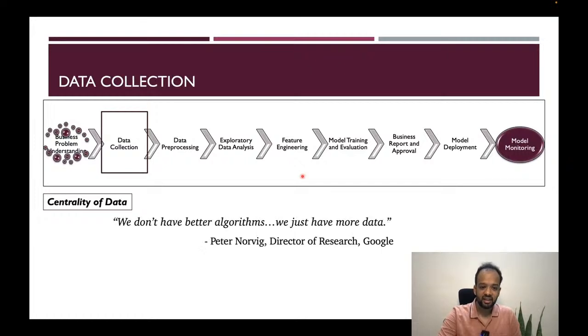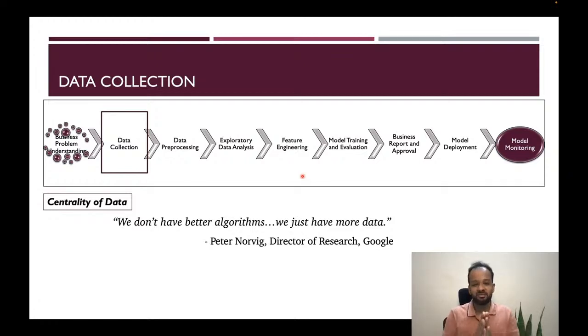Why? As an example, Peter Norvig, the director of research at Google, said that Google does not have better algorithms, right? Google is very, very far ahead in their algorithms, in their research in AI in general, in their technology. And with respect to data science and AI, what they are developing, Peter Norvig mentioned that they don't have better algorithms.